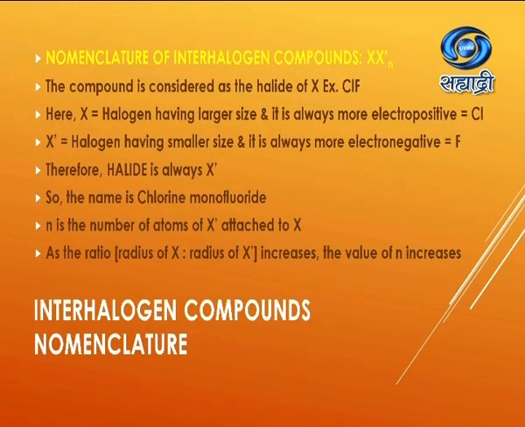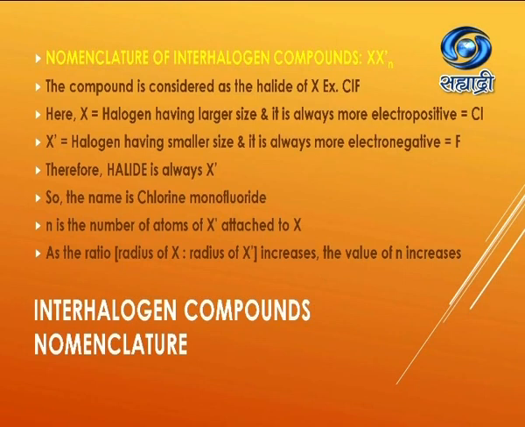Nomenclature of interhalogens. The general formula is XX'n. The compound is considered as the halide of X. X is the halogen having larger size. It is always more electropositive. So in this case it is chlorine. And X' is the halogen having smaller size and it is more electronegative. It is fluorine. So the halide is always X'.